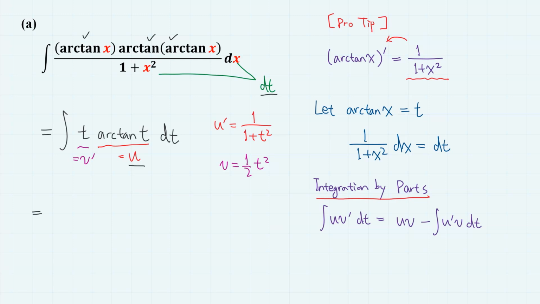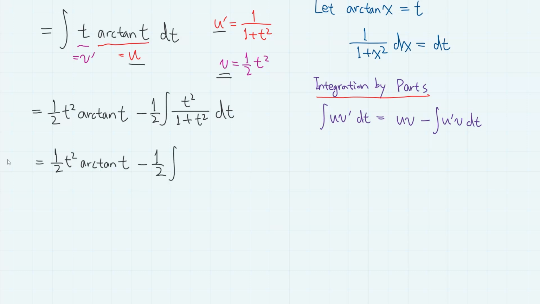Then we have uv, so 1/2 t squared arctangent t minus integral of u prime v, which gives 1/2 times the integral of t squared over 1 plus t squared dt. As for this part, we split this into 1 minus 1 over 1 plus t squared.